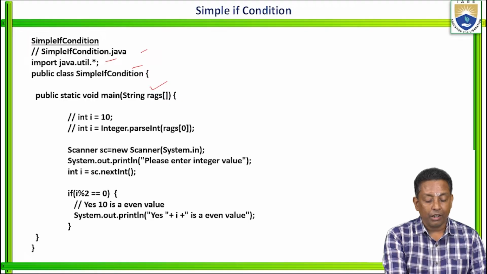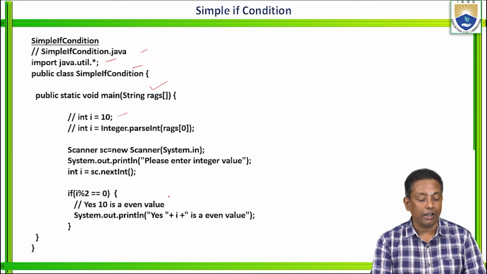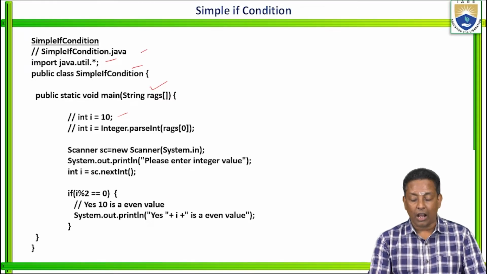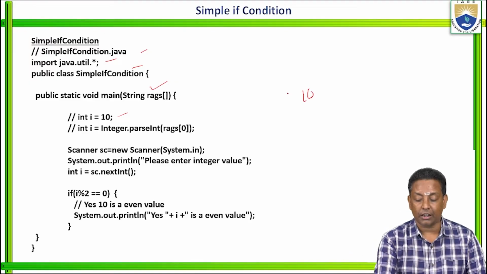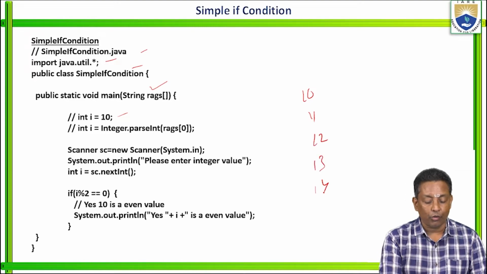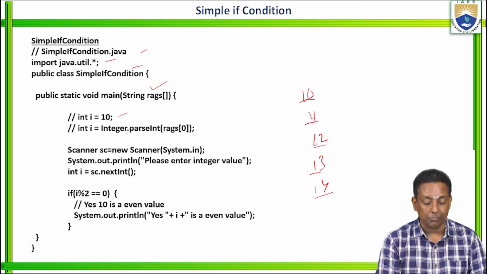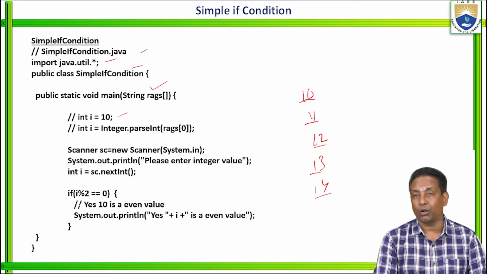And here, instead of declaring int i is equal to 10, and directly taking an integer variable and assigning some default value 10, we want to ask the user to enter the input. Say, for example, if the user enters 10 or 11 or 12 or 13 or 14, we want to take user input from the command line argument or from the standard input, and then check whether the entered value is an even number or not.